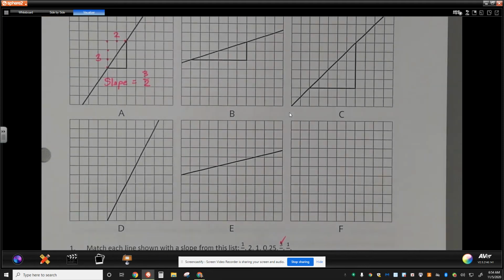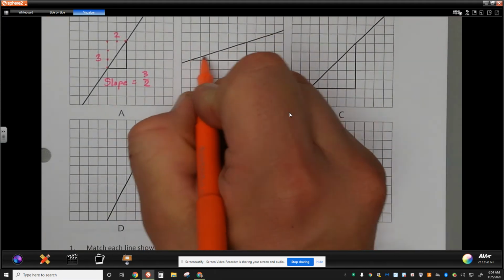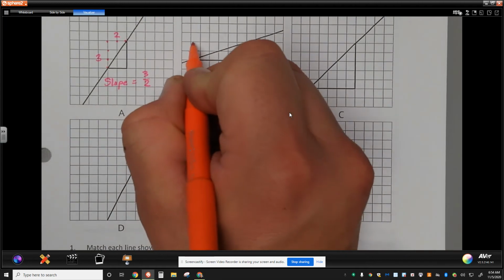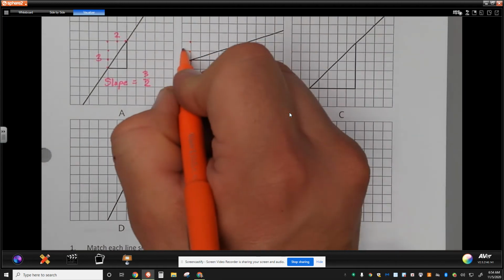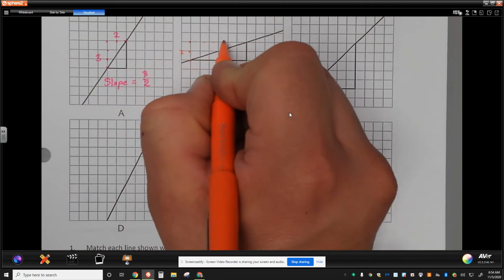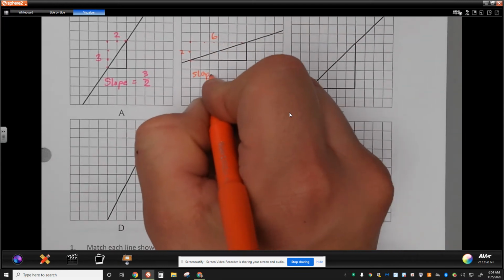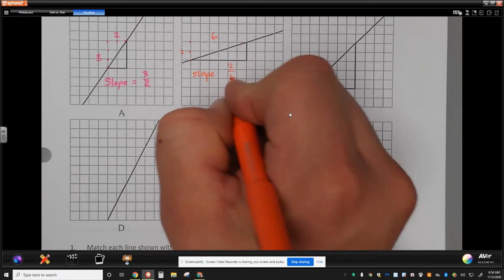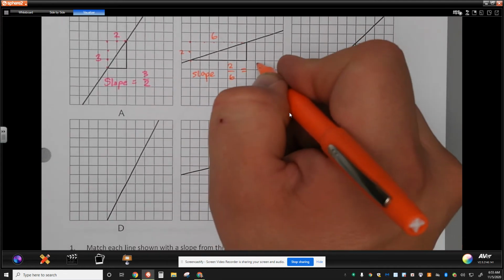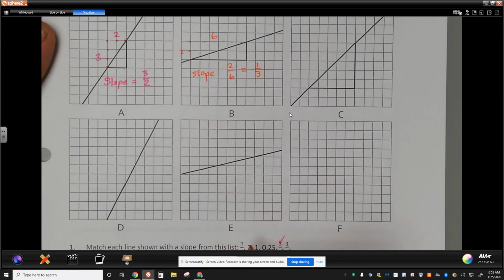Let's go ahead and look at our next one. I think I'm just going to alternate colors each time. From here to here, we're going to rise 1, 2, and then run 1, 2, 3, 4, 5, 6 units for a slope of 2 divided by 6, which we know can simplify to 1/3.